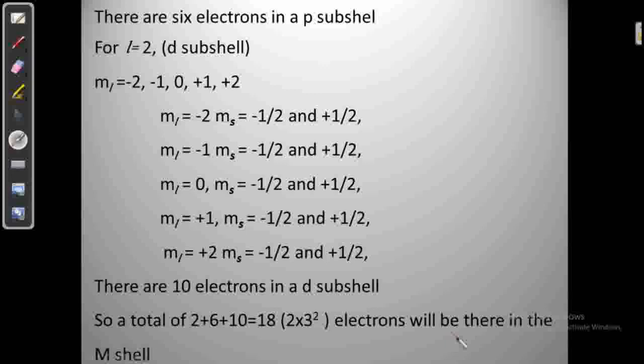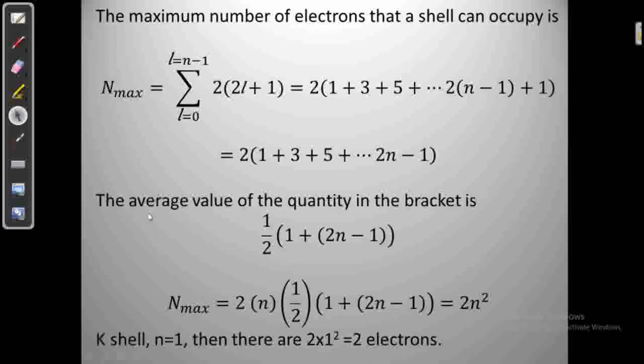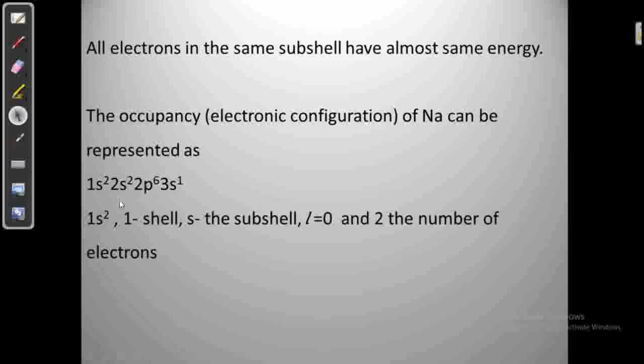Then for the L shell, that is 2 into 2 square, that is 8 electrons that can be accommodated in the n equal to 2 state. So when n equal to 2, this is the shell, and a total of 8 electrons will be there in the n equal to 2 shell or L shell.